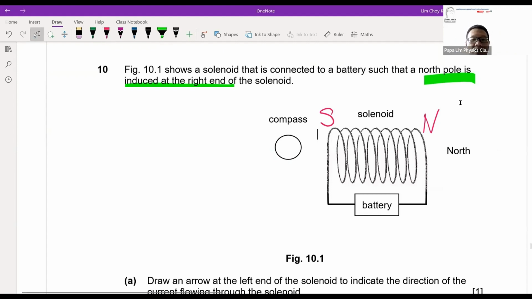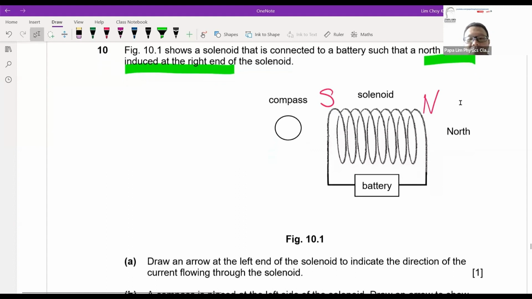Now draw the arrow on the right side and on the left end to indicate the direction of current through the solenoid. Here you will need to use Maxwell's right-hand grip rule. For you to use it, remember your right hand, your thumb should point to the right side, to the north side.